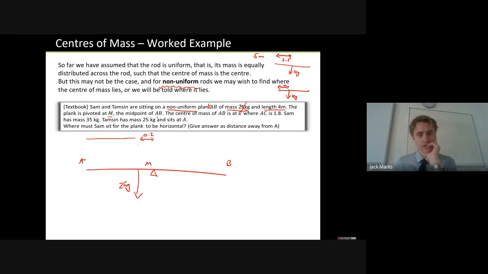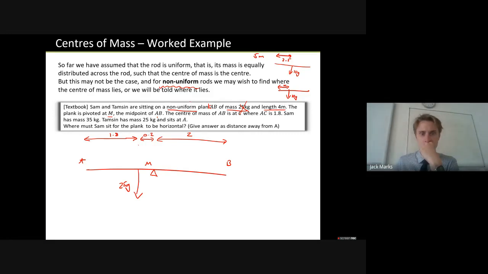On this occasion, we do know where it is, but the key idea is it's not in the middle. If that's 0.2, that's 1.8 then. AC is 1.8. Let's just see. I'll put that down for now.